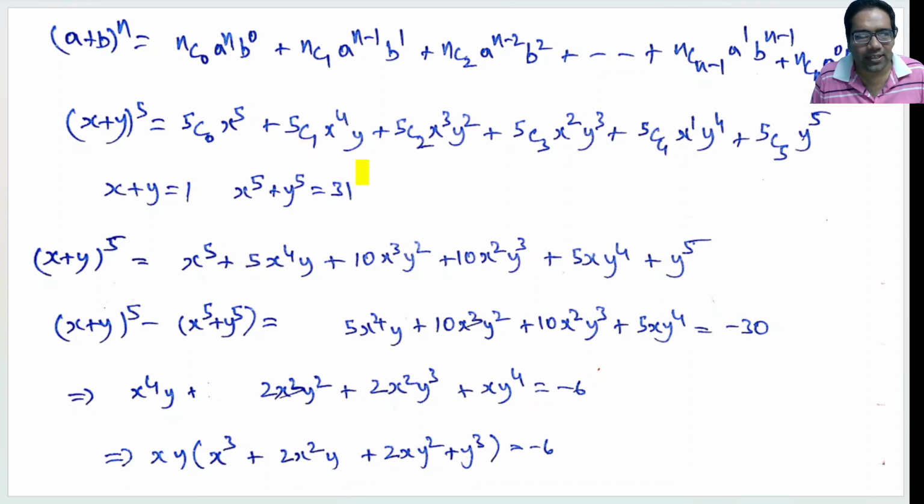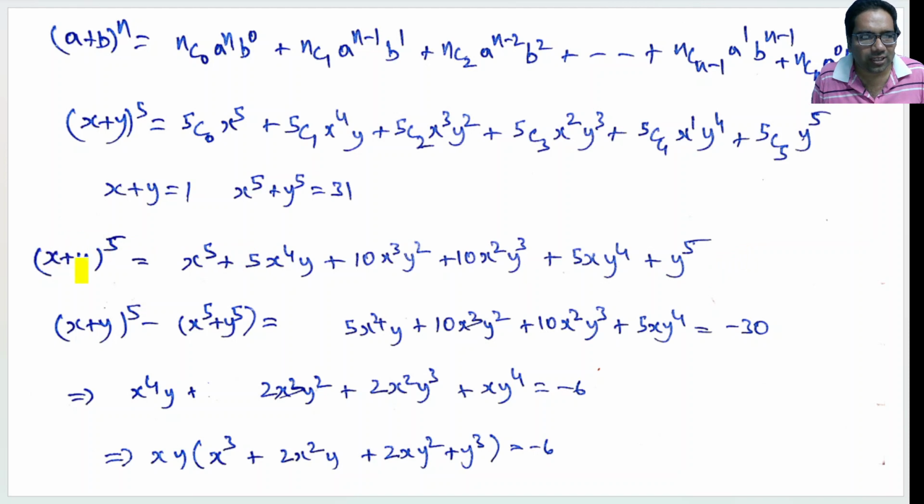So 5C1 is 5, 5C2 is 10, 5C3 is also 10, and 5C4 is also 5, and 5C0, 5C5 are all ones. So this expansion becomes x power 5 plus 5 x power 4 y plus 10 x cube y square plus 10 x square y cube plus 5 x y power 4 plus y power 5.